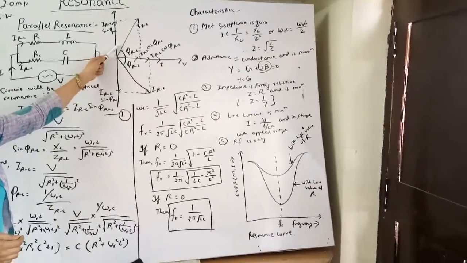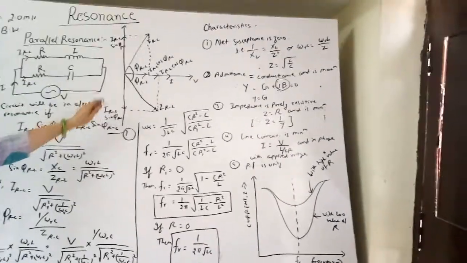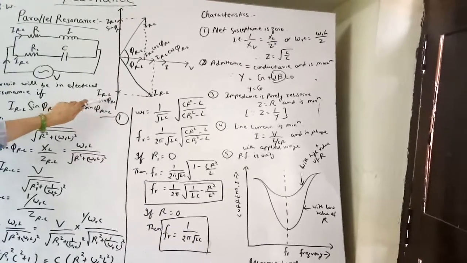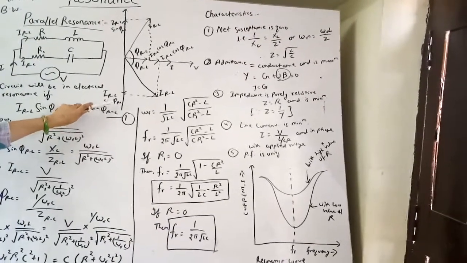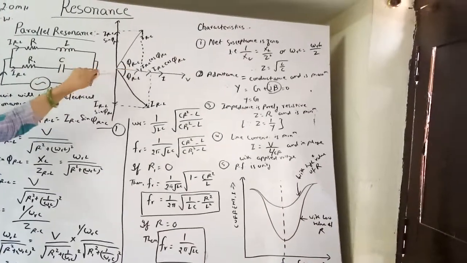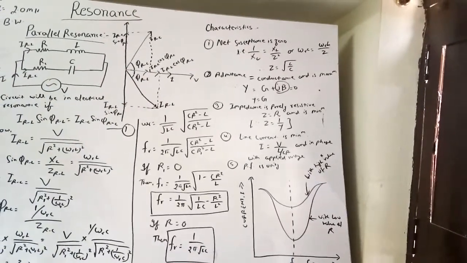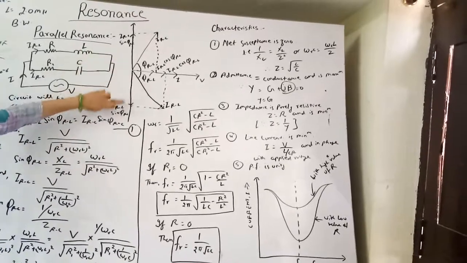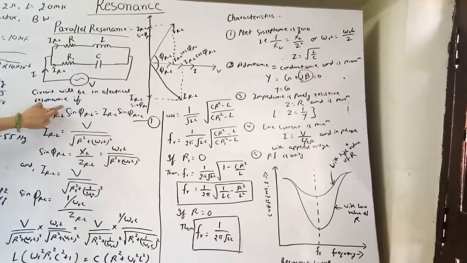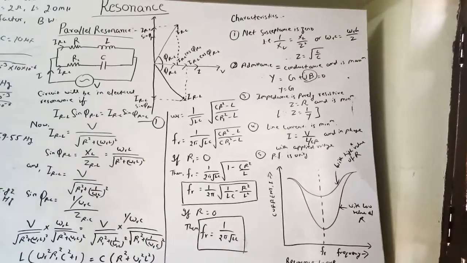So the component of IRC along y-axis is IRC sin phi RC and the component of IRL along y-axis is IRL sin phi RL. If these two components become equal, then current will be in phase with the supplied voltage. This is the condition for resonance. So the circuit will be in electrical resonance if IRL sin phi RL equals IRC sin phi RC.